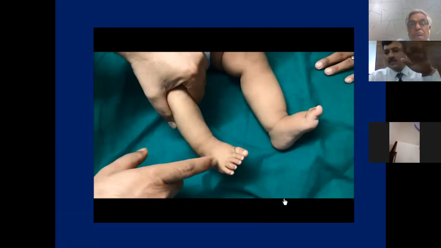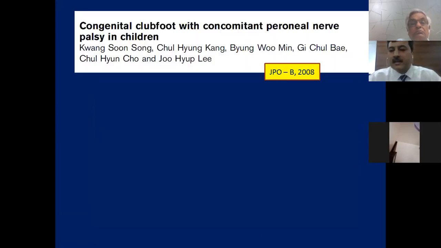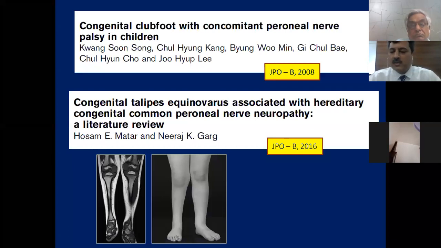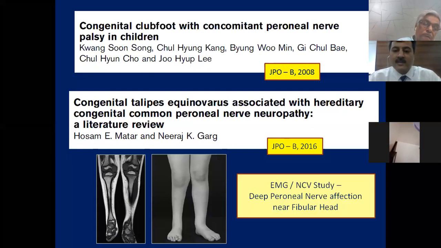The child could not actively evert the foot, and we should be aware that clubfoot can be associated with a concomitant peroneal nerve palsy or peroneal nerve neuropathy. These patients would have very thin legs, may require multiple treatments in future, and may need longer bracing. So these are different from idiopathic clubfeet.